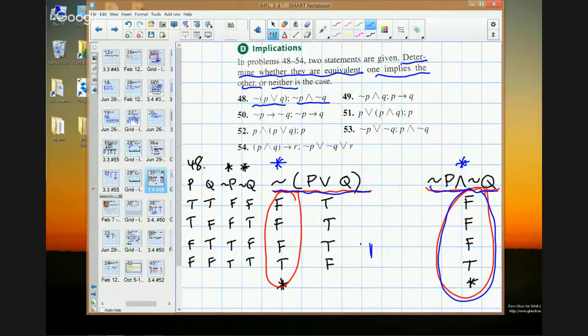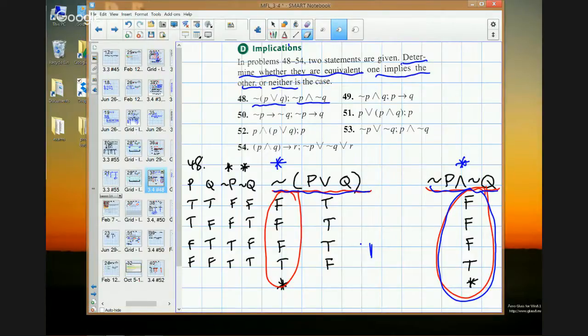So what happened? Are they equivalent, or does one imply the other? They're equivalent, right. Actually, if you did an if-then, that would turn out true, but we can stop with an equivalence.